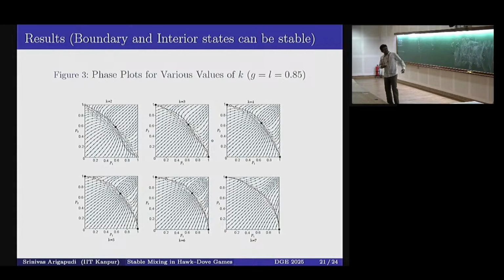But interesting things happen for moderate values of k. Initially, when k is just 2, there is global convergence to something which is in the interior. And then as you increase the values of k, for some values of k, both the interior states and the boundary states are stable.